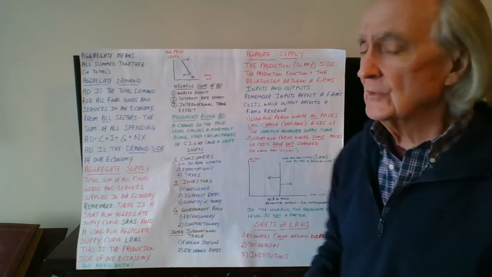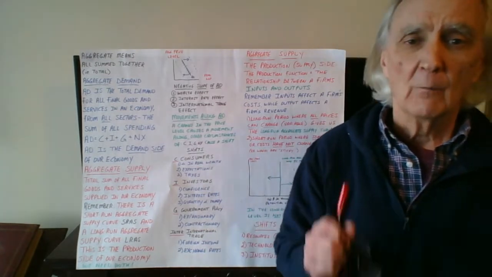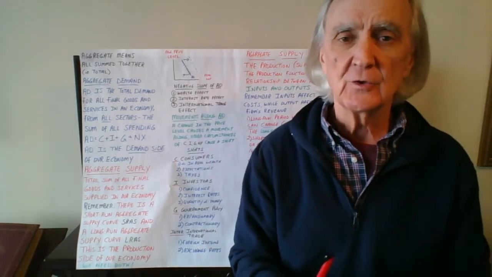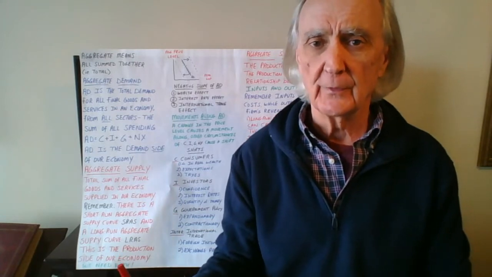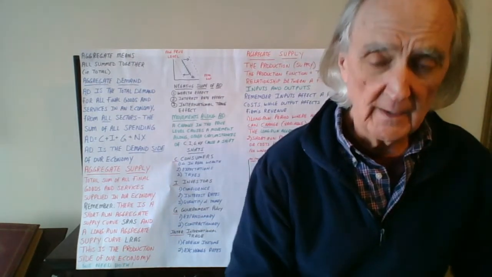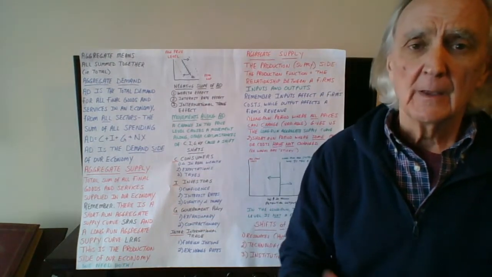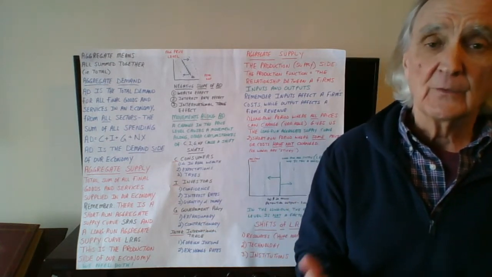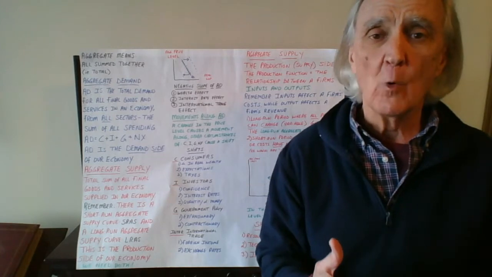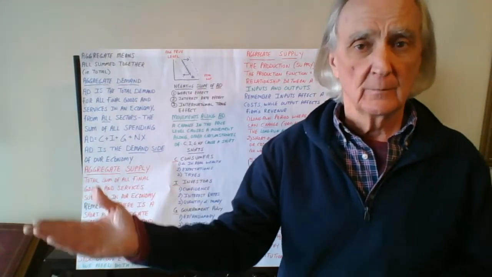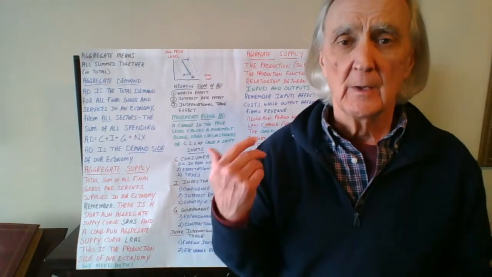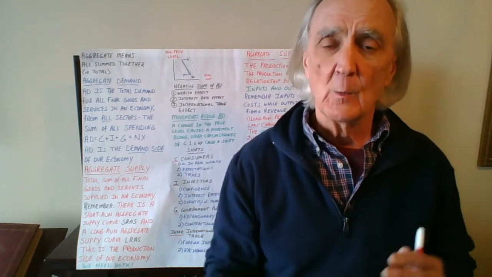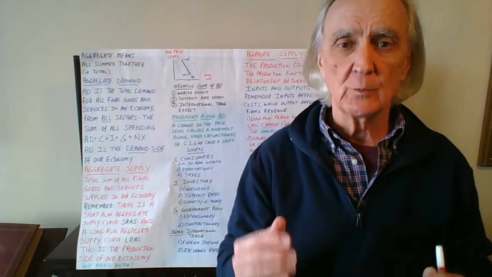Then the exchange rates. That's the price of one country's currency in relationship to another country's currency. And if our dollar gets stronger, what does that mean? Well, it means we can buy more stuff overseas. For instance, between the U.S. and Canada, we have that floating exchange rate.